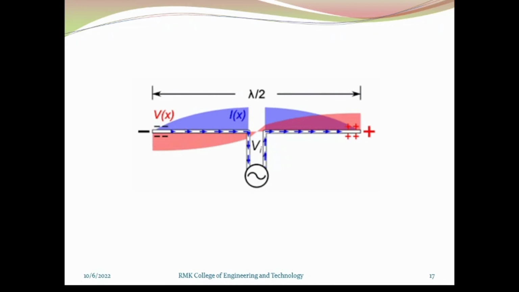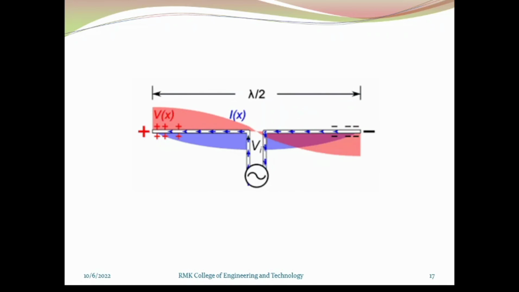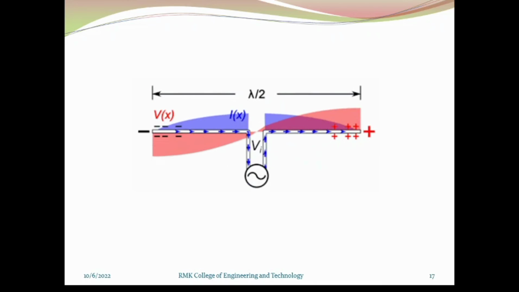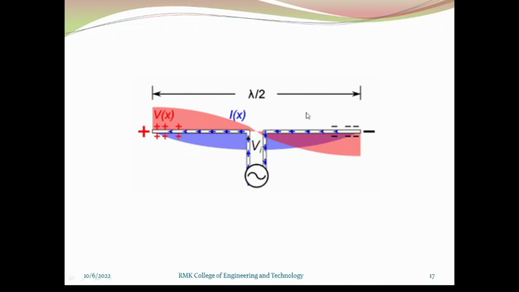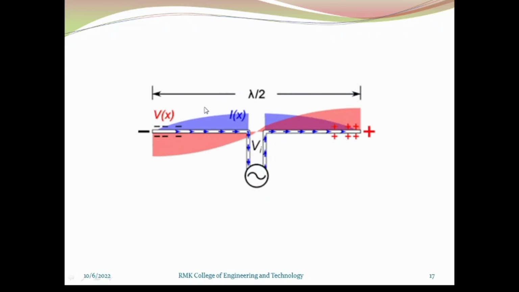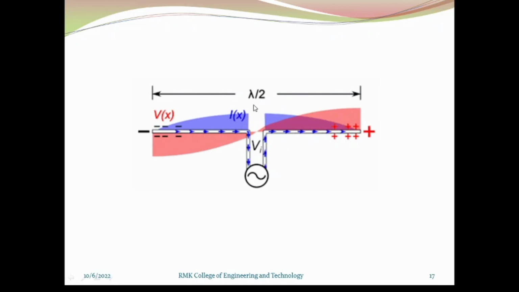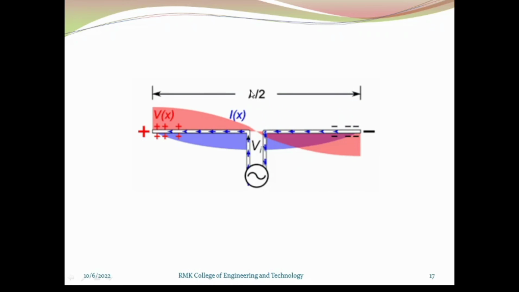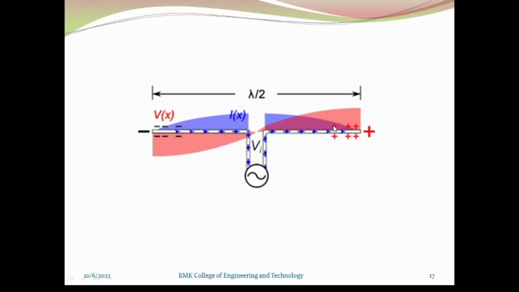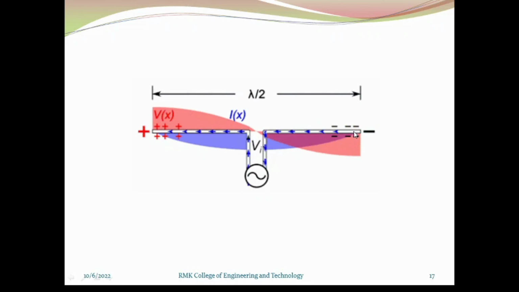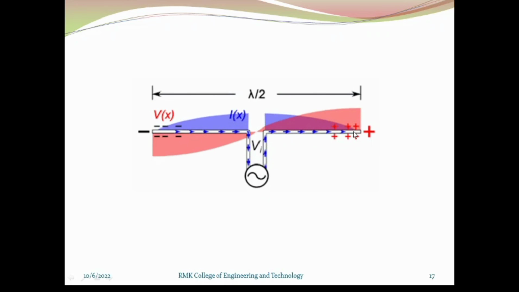So now this is the voltage distribution and current distribution of a half-wave dipole antenna, whose length is lambda by 2. The blue line is the current distribution, which will be maximum at the middle, that is the center of the antenna. At both ends the current will be 0, because the voltage distribution will be very high at both ends.